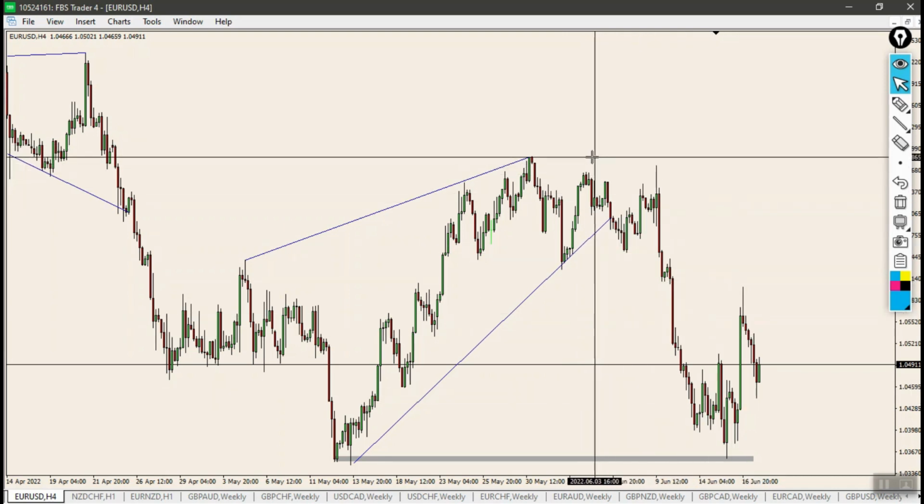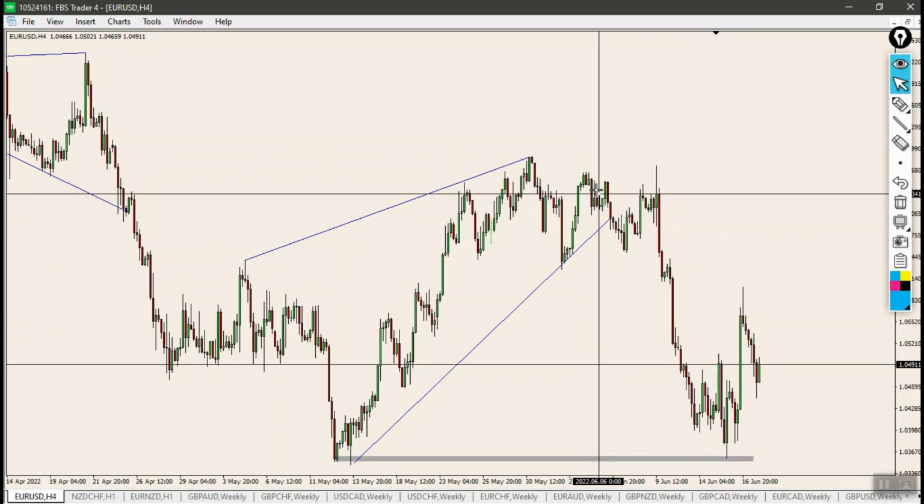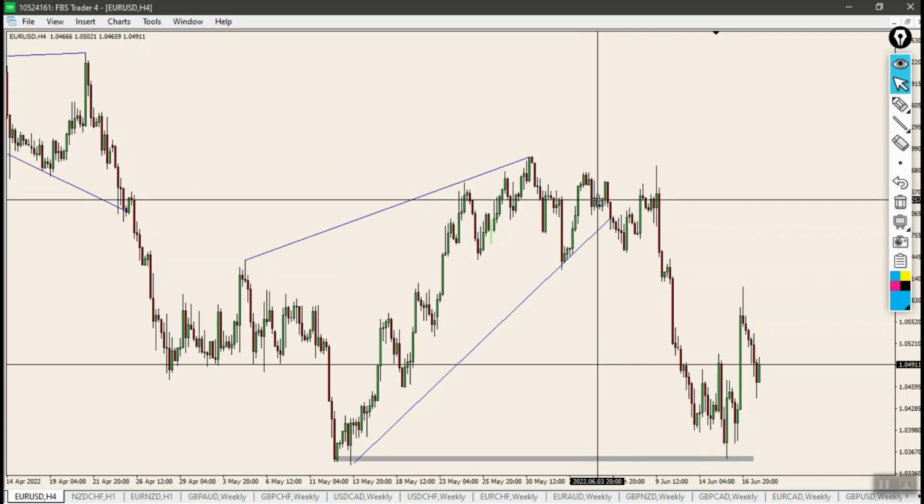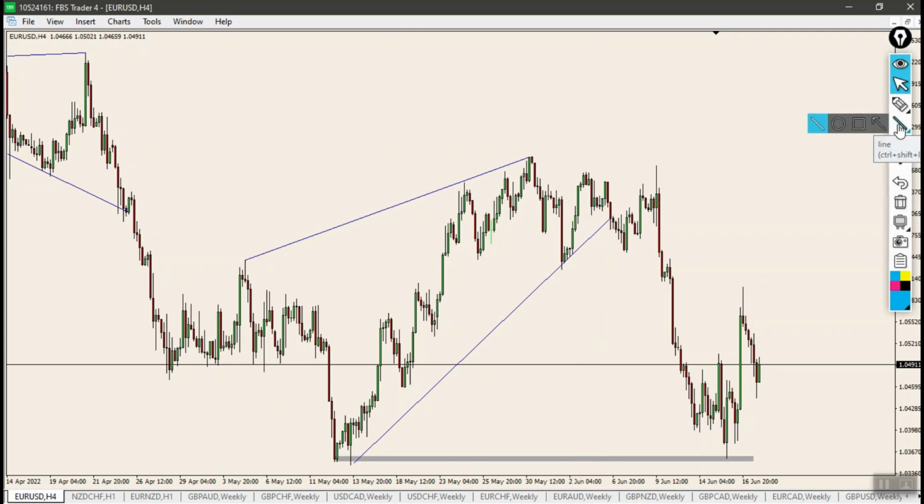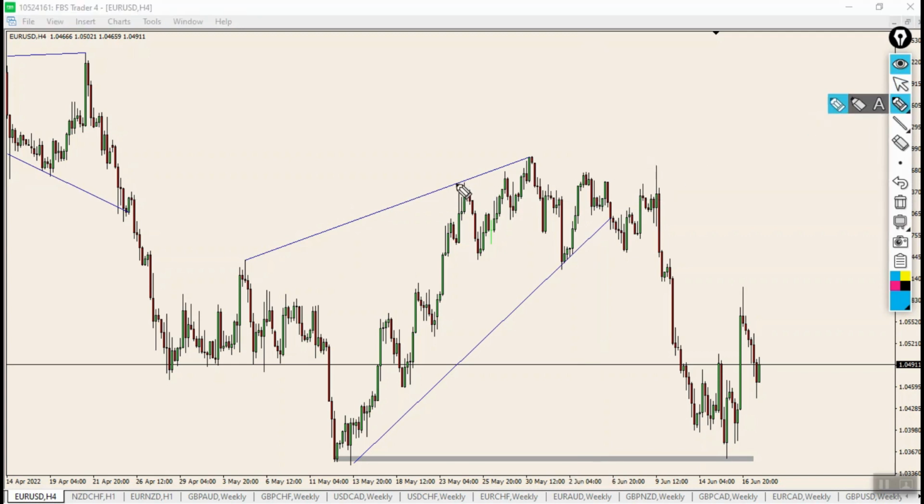All this didn't happen, but price was around here, right? And then we did identify that we could have a head and shoulder pattern, right? And as you can see, yes, we have a shoulder, we have a head, we have a shoulder. So that's the head and shoulder that we did identify.